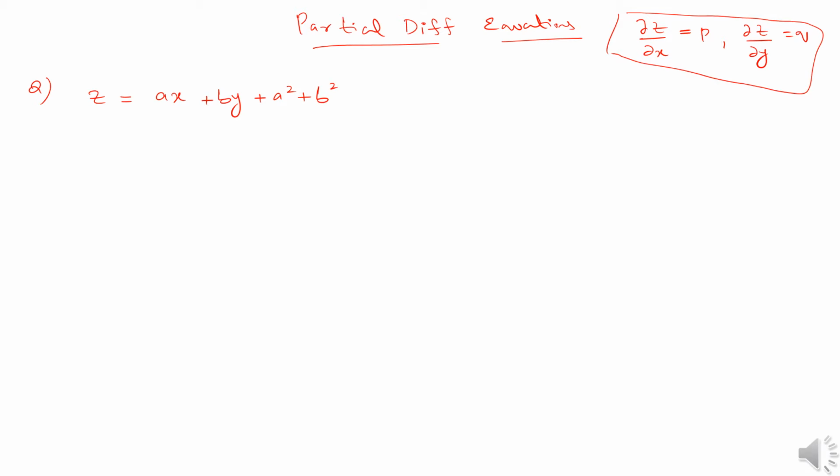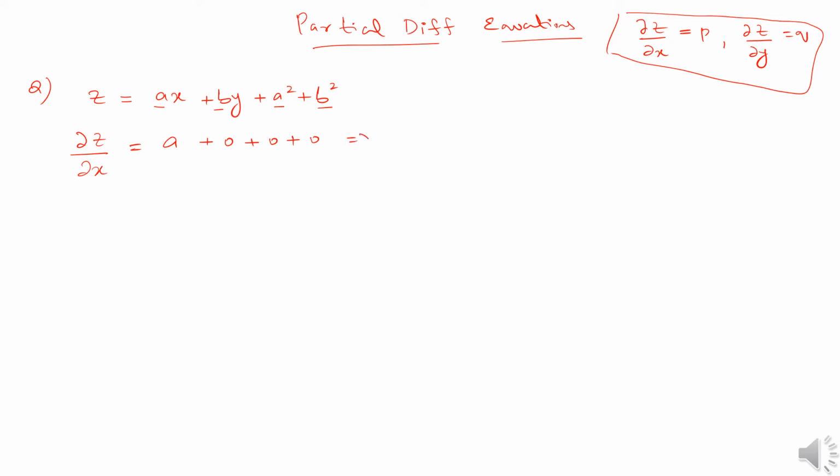So now we can see that we have constants a and b in the equation, so we have to eliminate these constants by using the partial differentiation. So I will differentiate the equation with respect to x. So what I get is a, and this will be 0, this will be 0, and this will also be 0.